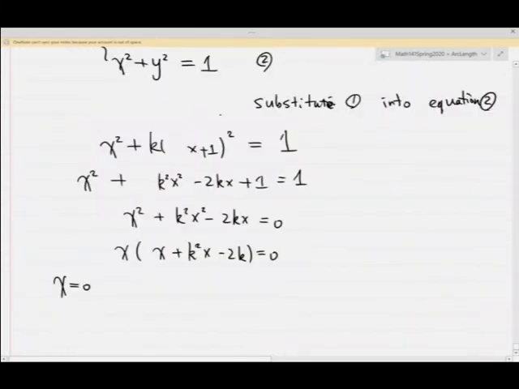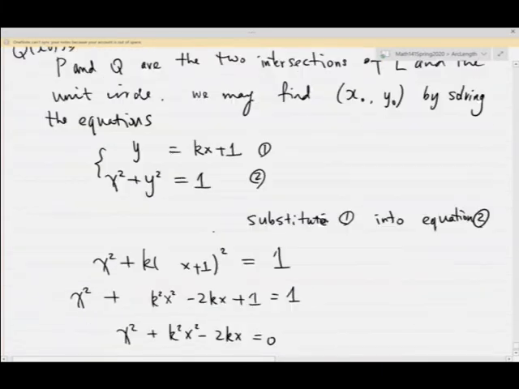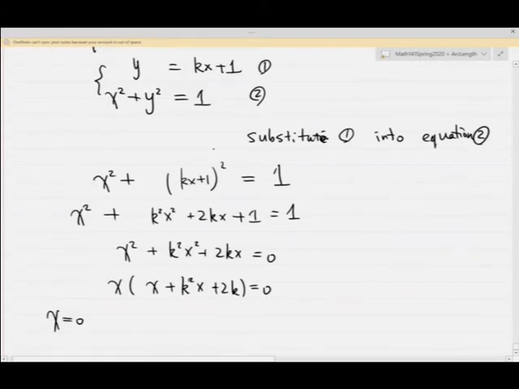Then the equation will be, sorry, that's the reason I will explain in a moment. y is kx plus 1. So this will be (kx plus 1) squared, plus x squared.